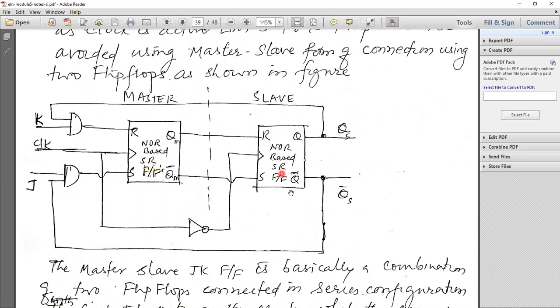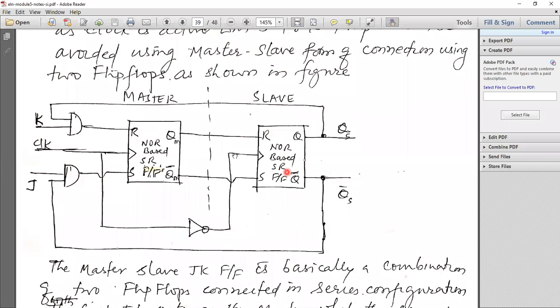How are they acting as master and slave? By connecting a clock to the first flip-flop, which is basically a JK flip-flop, but the second flip-flop is acting in slave mode by supplying an inverted clock to it. Whenever the master is active, the slave flip-flop will be off.